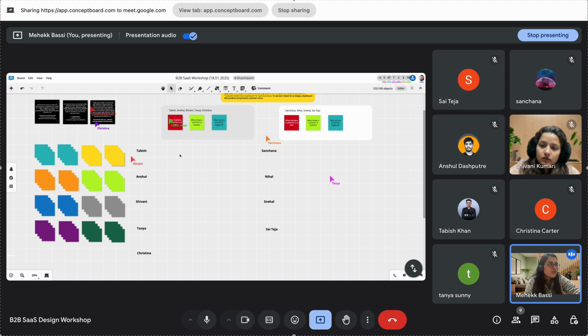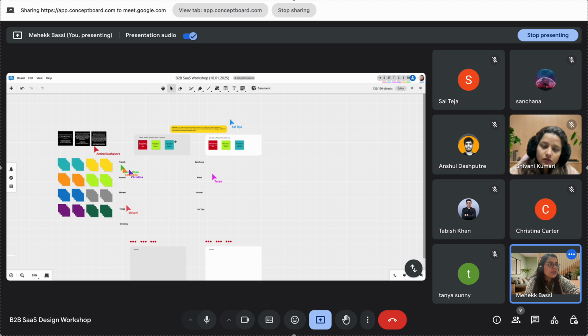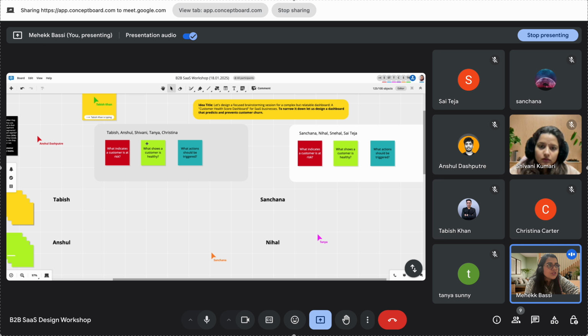So what you can do here is pick up any sticky note. Just make sure that you're using one color: one person uses one color. You can start ideating your thoughts under all these three sections, and you can have multiple ideas under one question.